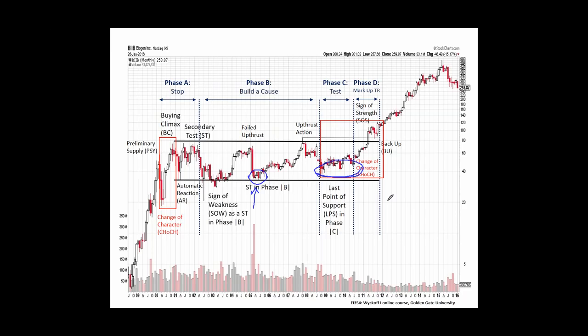Yeah. Okay. So it's always possible to see something, identify it as being the conclusion of the testing area, and then have it continue on, especially in a large chart like this.